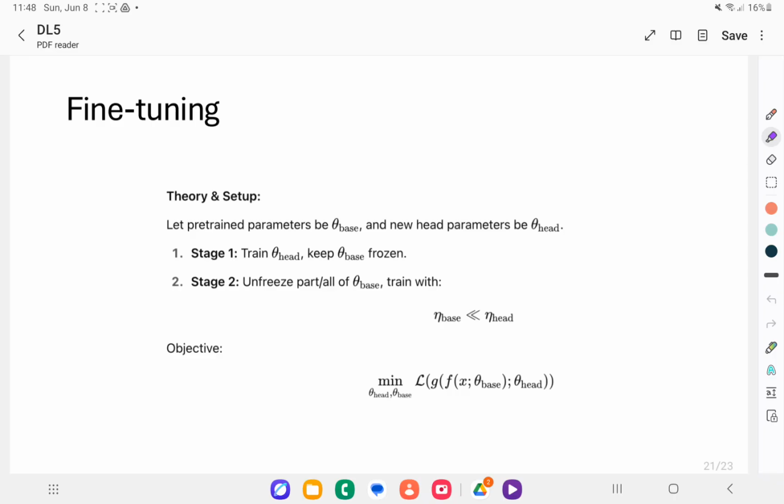You first train the new layer while the base remains frozen, and then you selectively unfreeze a few layers, often just the last block, and resume training with a much smaller learning rate. This helps preserve the general knowledge the base model has, while nudging toward your target distribution. It's especially useful when your target data differs in style or domain from the original pre-trained corpus.